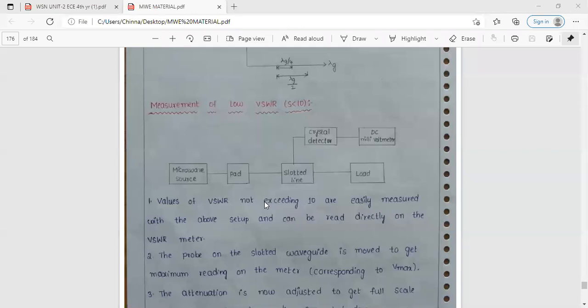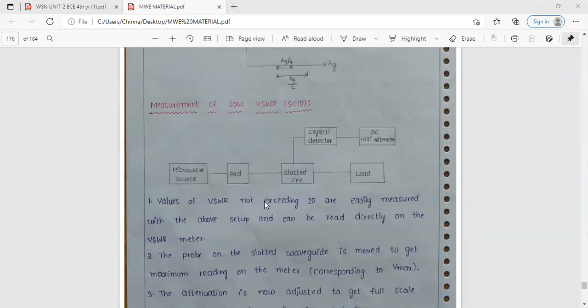Here the microwave isolator, frequency meter pad, slotted line section and load, crystal detector and DC millivoltmeter will be used. That means it will be represented here. First the slotted line section is moved to the maximum reading position, that means V maximum, and then the slotted line section is moved to the V minimum.